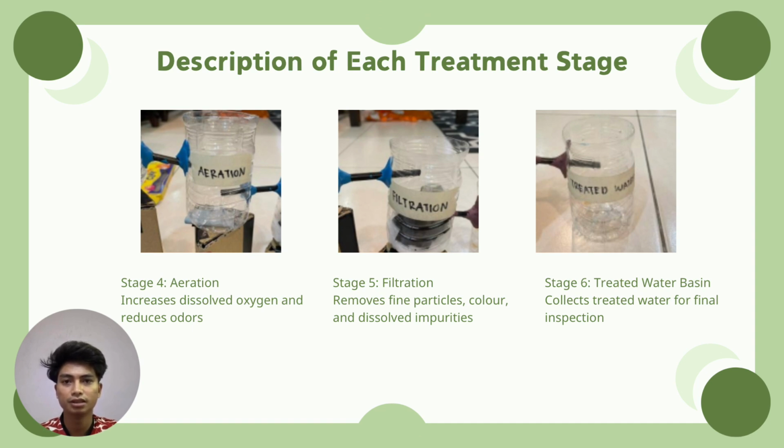Stage 5 is filtration. Our filtration media remove fine suspended particles, reduce color and remove dissolved impurities, producing cleaner water. Finally, stage 6 is the treated water basin. This stage collects the treated water so that its final condition can be observed.